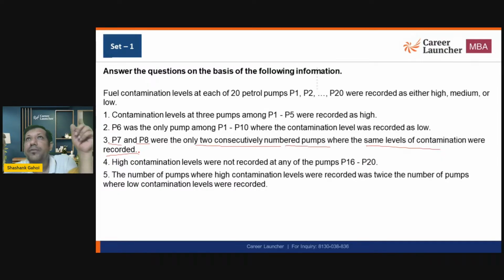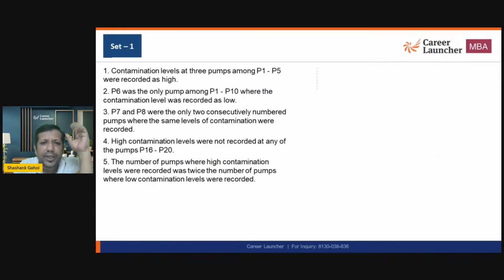From 1 to 20, if I count consecutively, the maximum I can think of is 10 pumps that can be high, low or medium, because we are going alternately. So the maximum value of high, medium or low can be 10, and this is what we know. From point number 3 I can conclude only this much.